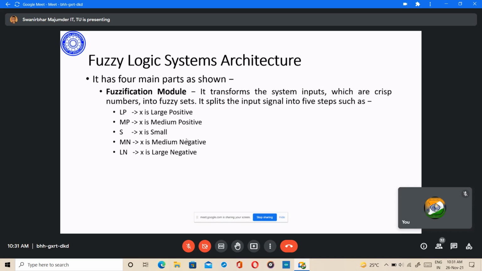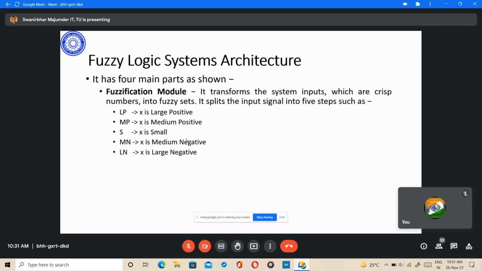And you can modify the sets. Let me consider, just like Tasdik said, up to 0.8 I'll consider as 0. Then from 0.8 to say 1.2 I'll consider as medium negative. Then from 1.2 to say maybe 2.7 I'll consider as small. So this kind of voltage ratings you can change. Say this is his program, and I take his program and make some changes there.